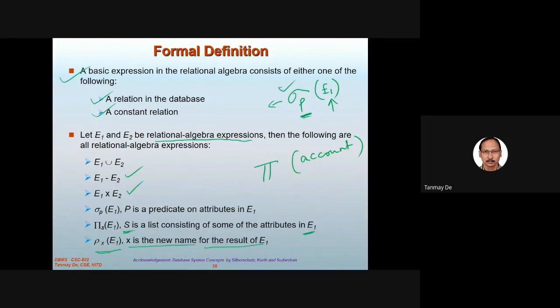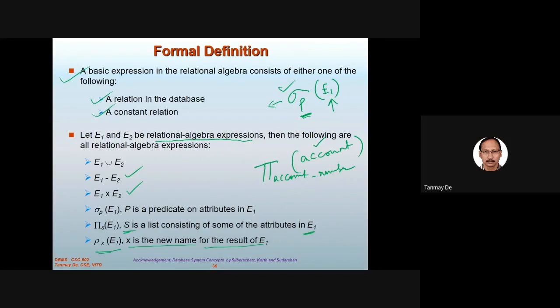But if we want only the account number, then at that time we write account number here. So this project operation operates on the relation account. It gives only the values taken from the account number. It does not consider the balance and branch name values from the account relation.